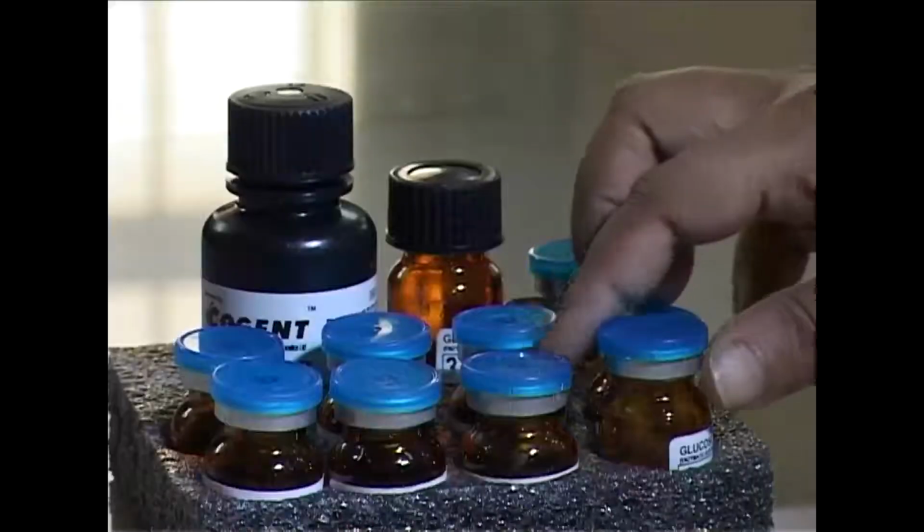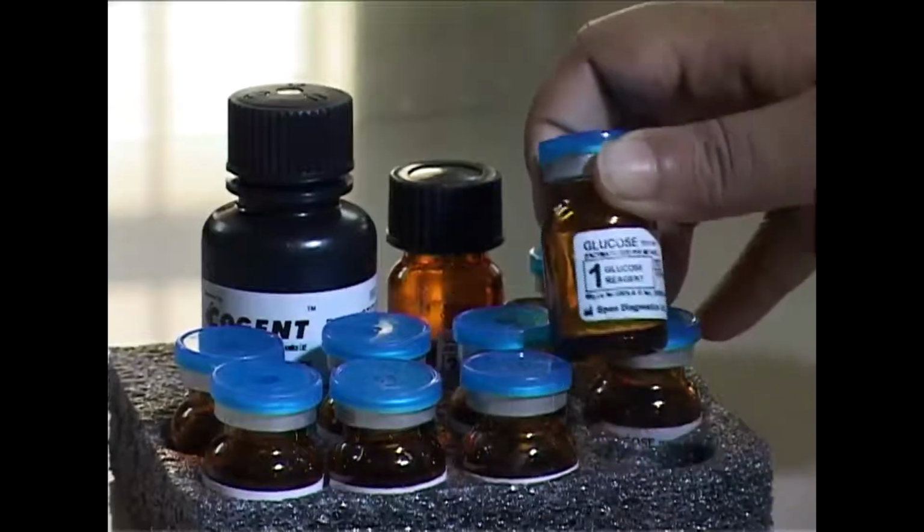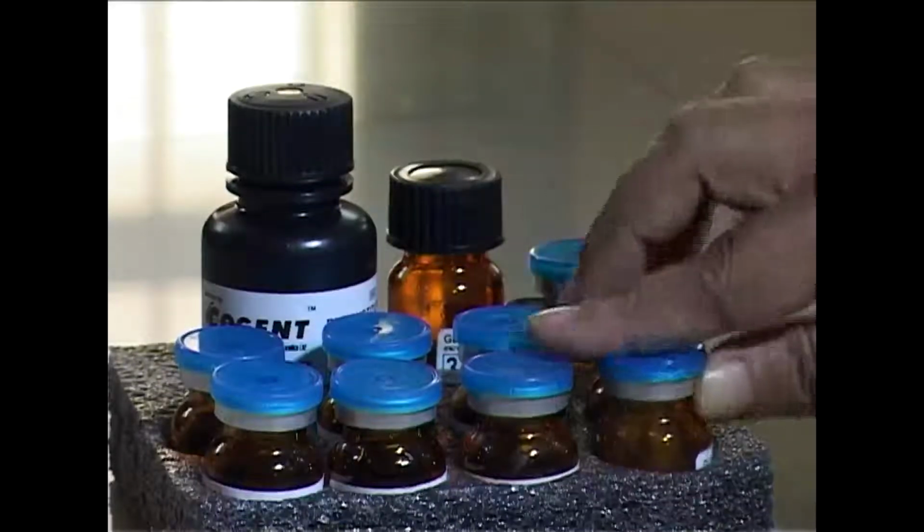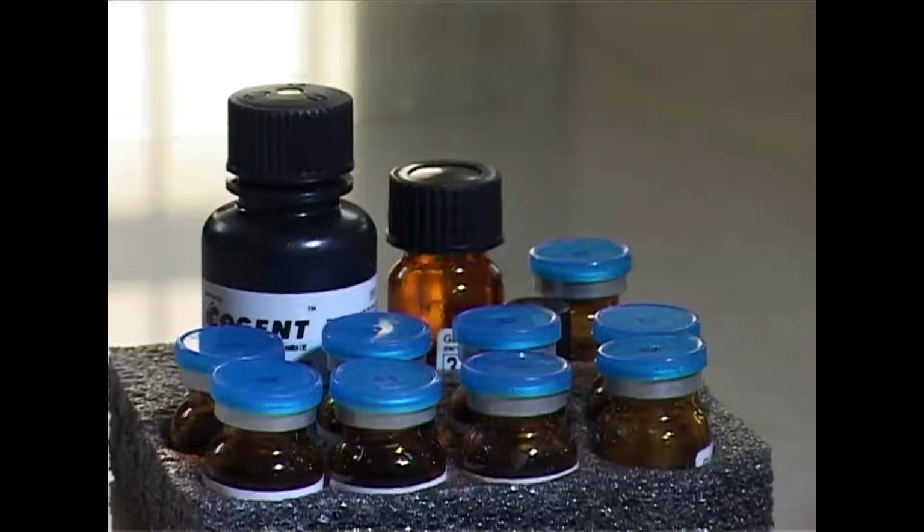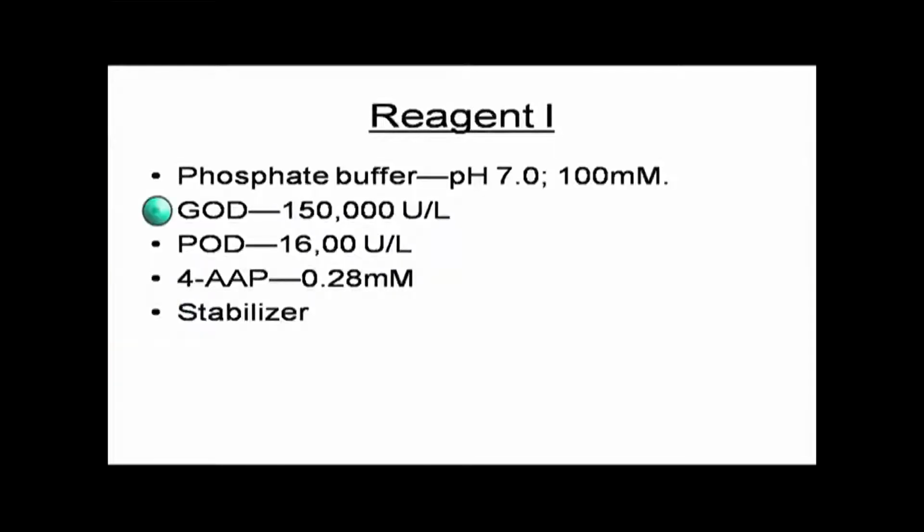Let's talk individually about the reagents. Reagent 1 is solid. It is supplied in a vial. There are 10 vials available in one kit. It contains glucose oxidase enzyme, peroxidase enzyme, amino antipyrine as well as stabilizer. Solid means it is lyophilized.